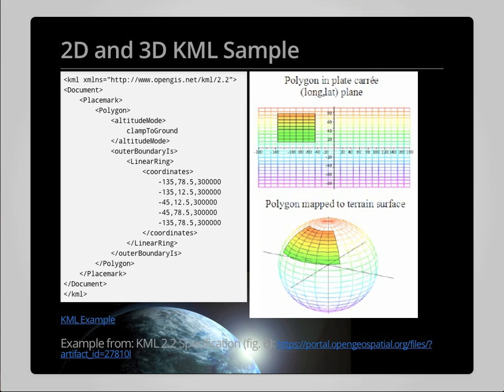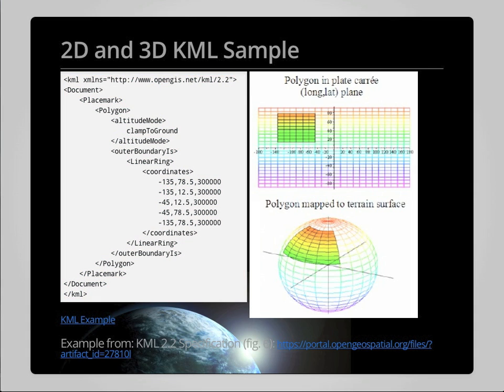So here we have an example of a very simple KML file on the left that, after our introduction to XML, should look fairly familiar. In this case, the document is contained within this KML root element.